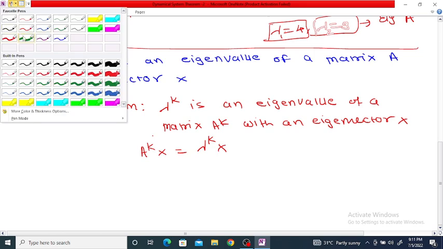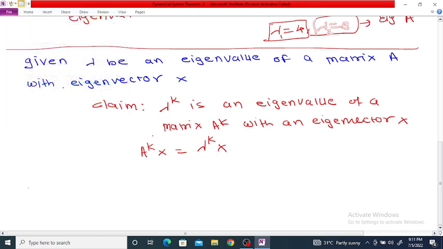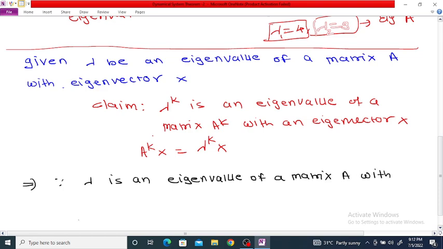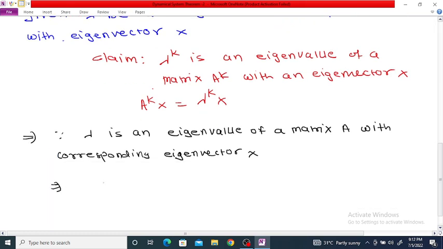Now to prove this, since lambda is an eigenvalue of a matrix A with corresponding eigenvector x, then from the definition of eigenvalues we can write Ax is equal to lambda x.